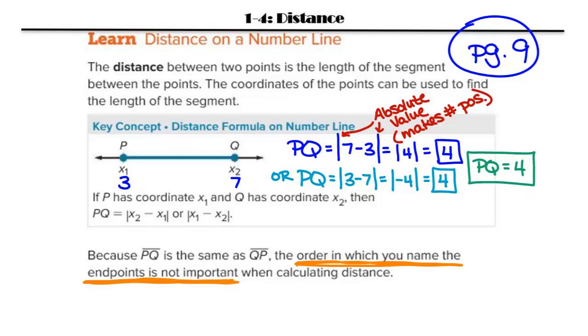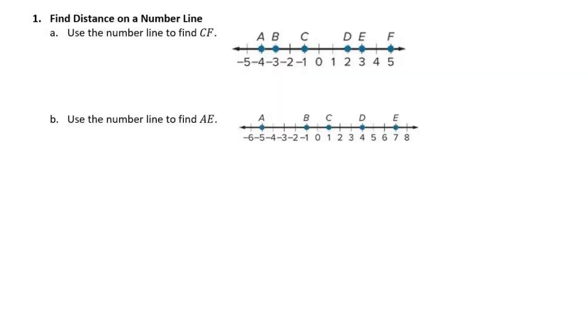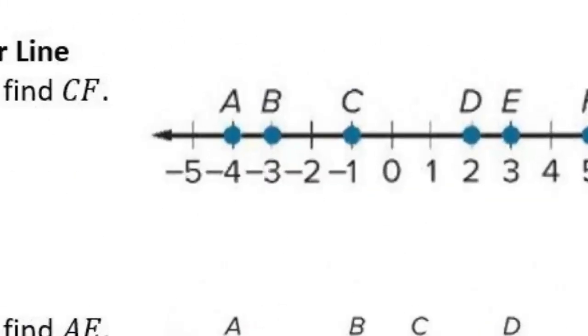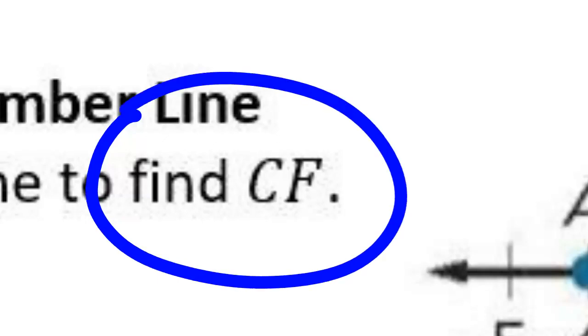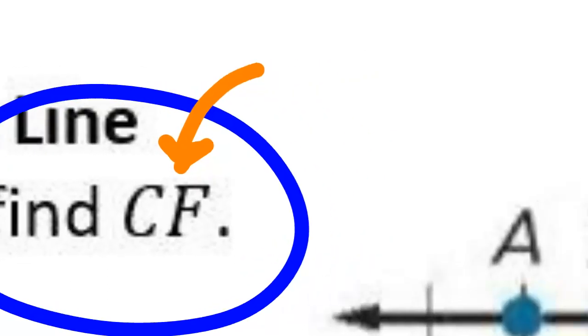All right. So let's do a couple problems to practice this. Let's look at number 1, part A. We're going to use this number line to find CF. Notice there is nothing over the top of CF. Does anybody remember what it means when there's no dash, there's no arrows over the top? It does end.